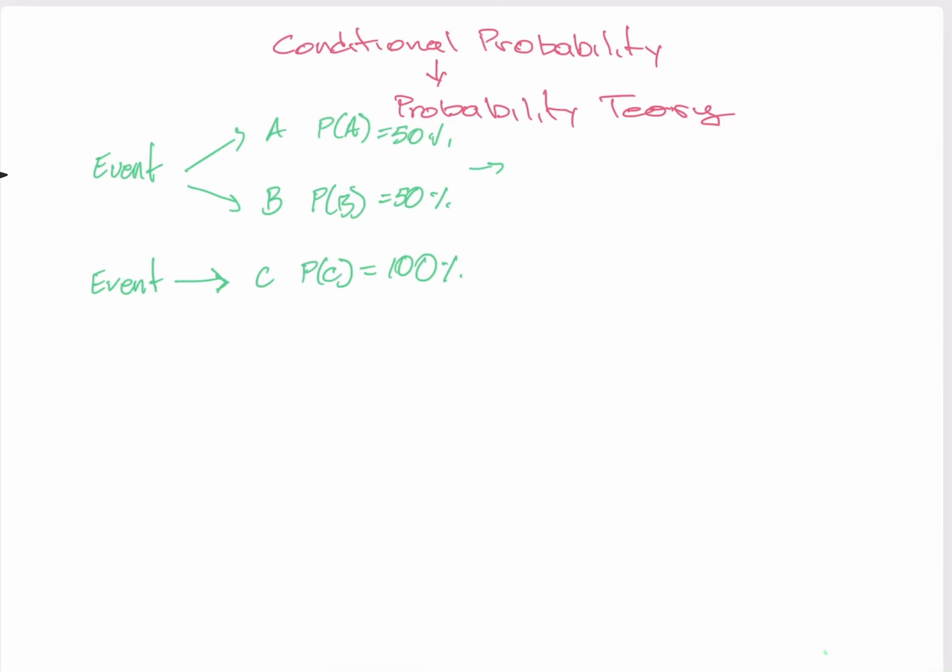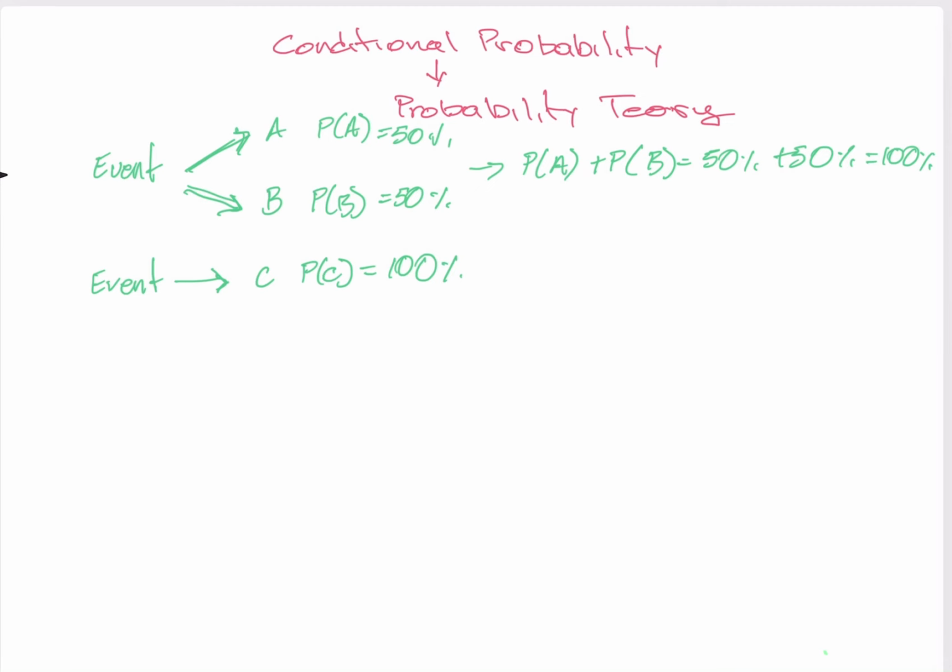That's why, when my probability is divided by two possible outcomes, the probability of A plus the probability of B is equal to 50% plus 50%, which is equal to 100%, which is equal to 1.